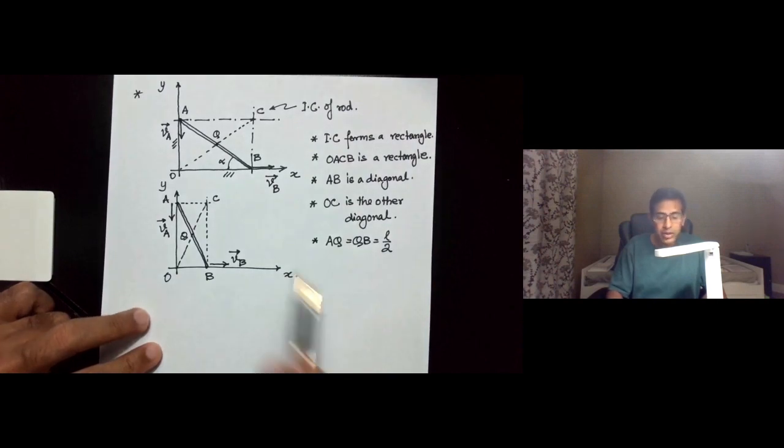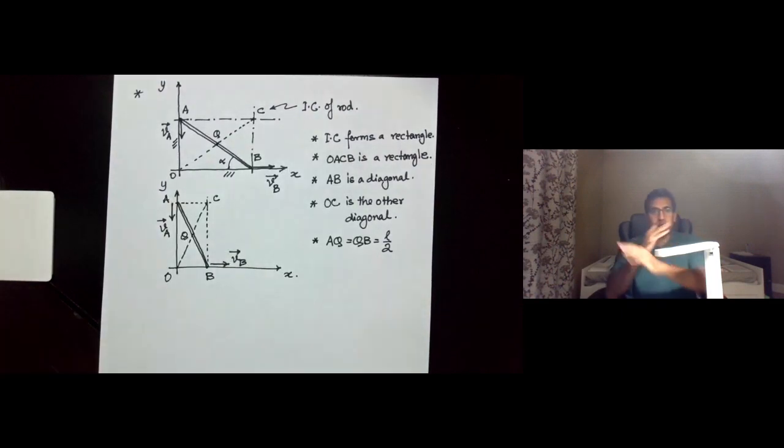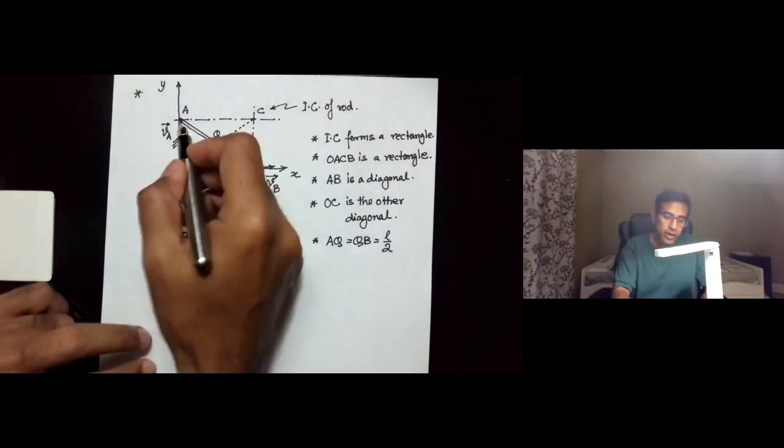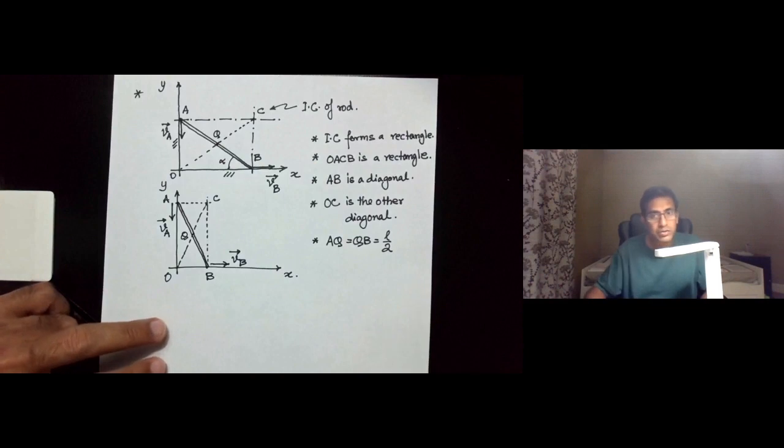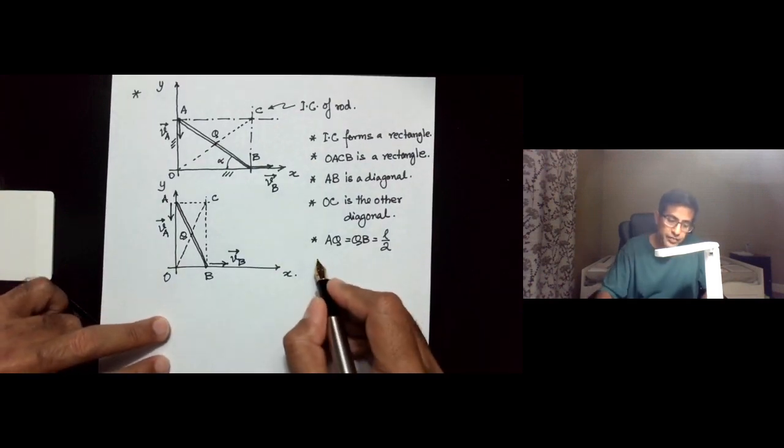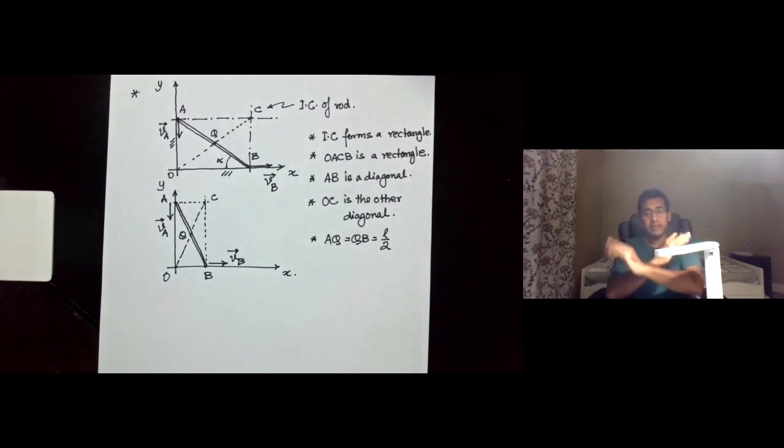And furthermore, you have this scenario where the rod and OC form the two diagonals of the rectangle, and the diagonals of a rectangle bisect each other. So therefore AQ equals QB is equal to L over 2, and furthermore in a rectangle the two diagonals are of the same length.